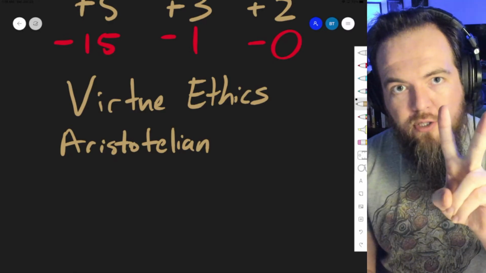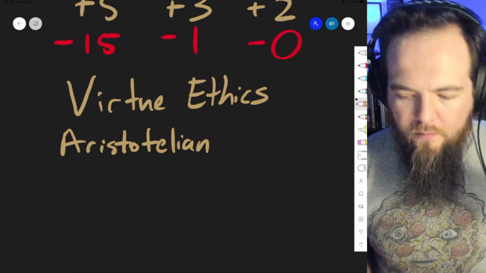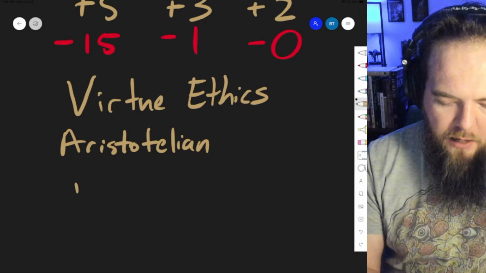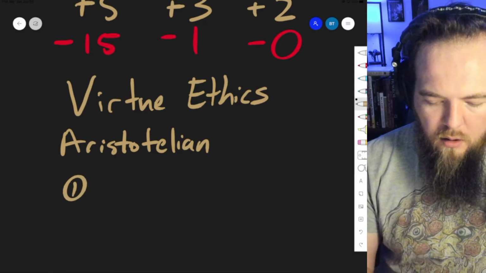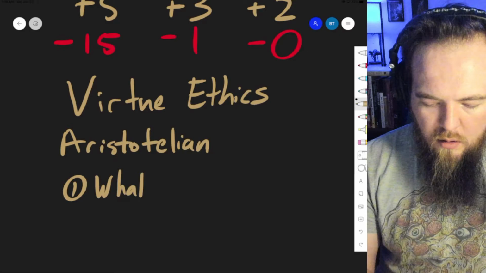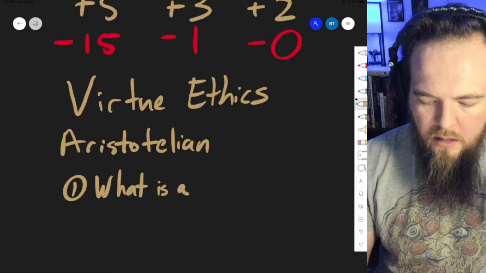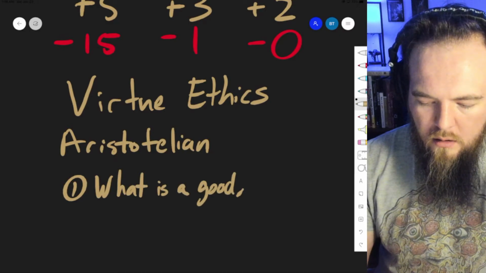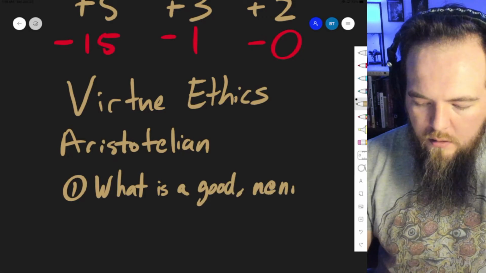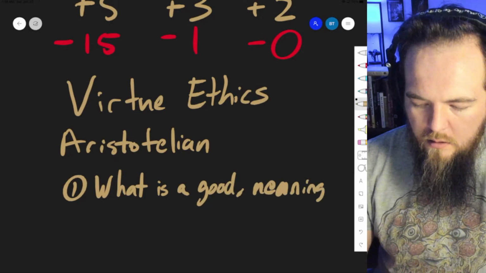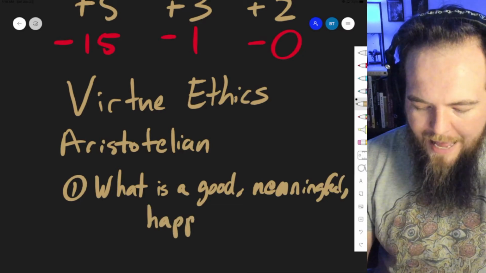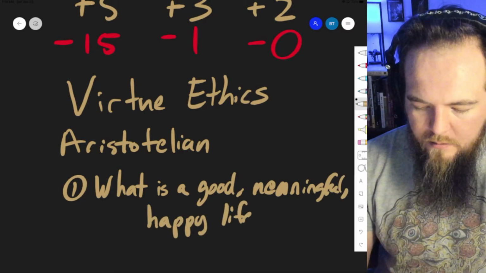Because there are two questions here that are really important for the Aristotelian virtue ethicist. And one is, what is a good or a meaningful, or what sometimes gets called a happy life?